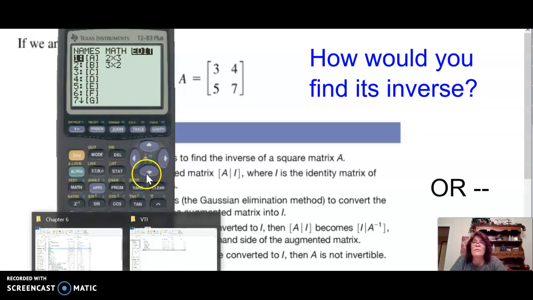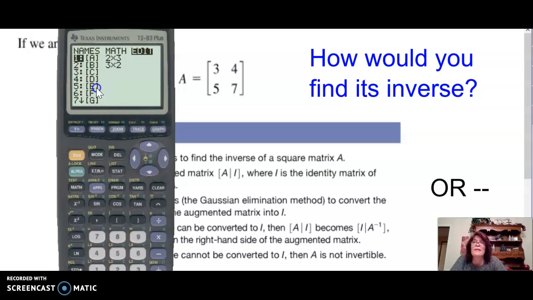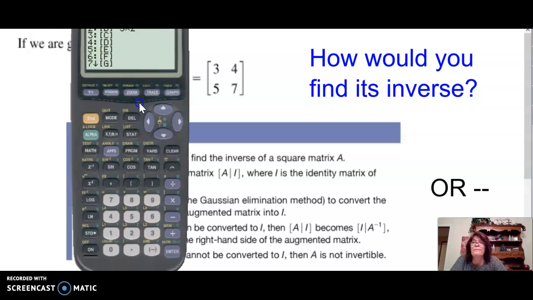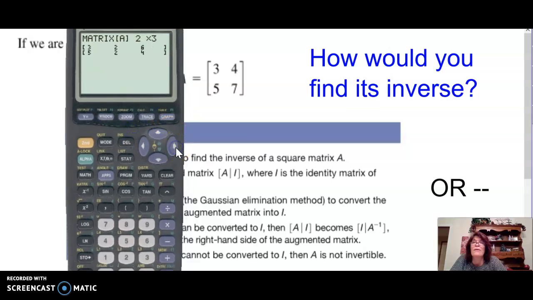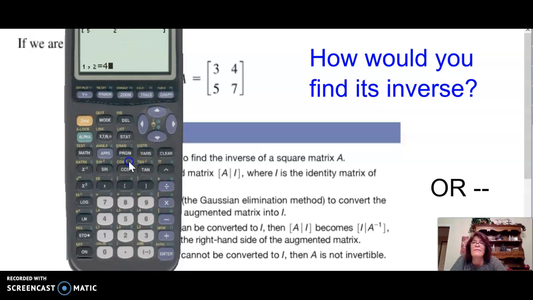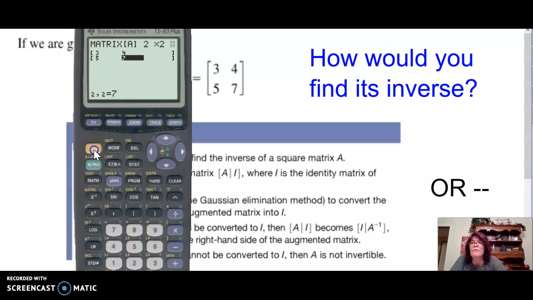It's a 2 by 2, so I'm going to put it in as matrix A. I have to change it from a 2 by 3 to a 2 by 2, and I'm going to enter 3, 4, 5, and 7. All right, there's 3, 4, 5, 7. We'll quit out of that.